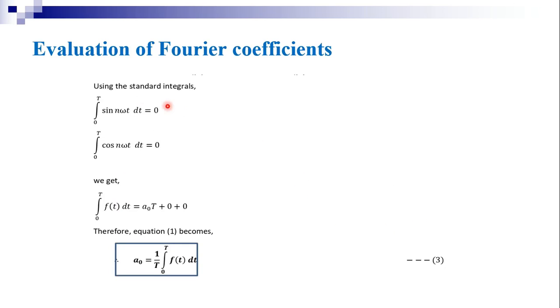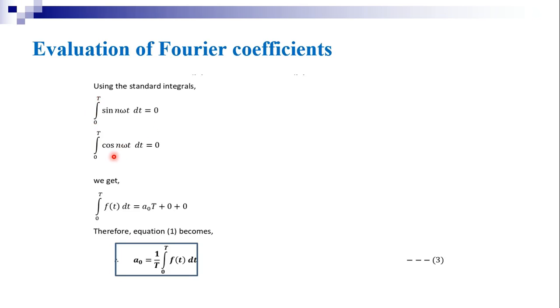Now we have some standard integrals. By using these, we can minimize the steps in the simplification process. The integration of sin n omega t with respect to t between the limits 0 to T will give us 0 always.